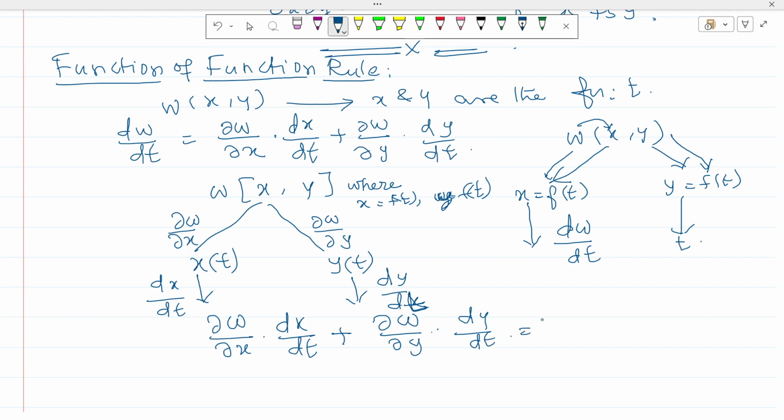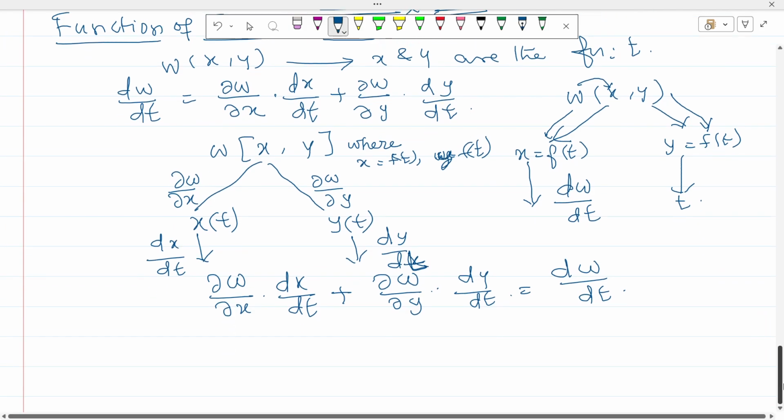What is the value of this? dw by dt. So this is known as the function of function rule.